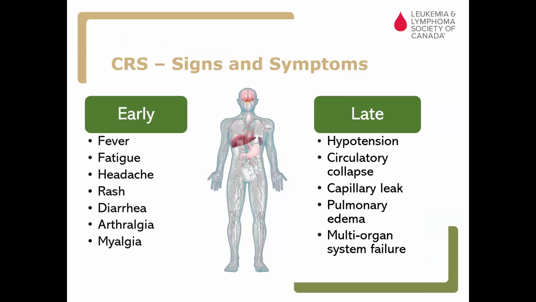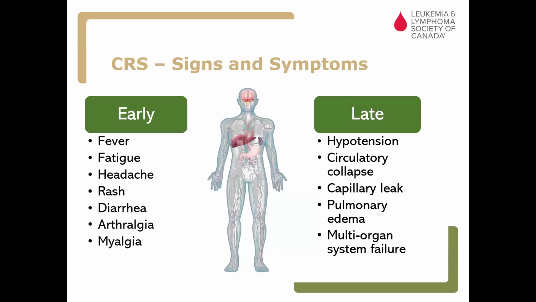So signs and symptoms of CRS can be organized into early and late. Important to note that CRS is a spectrum of syndromes which range from mild, such as the presence of an isolated fever, to severe and potentially fatal side effects, such as capillary or circulatory collapse and multi-organ system failure.